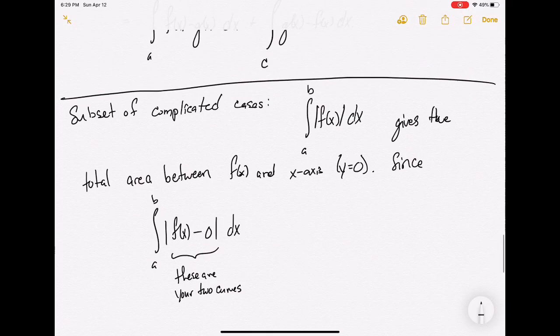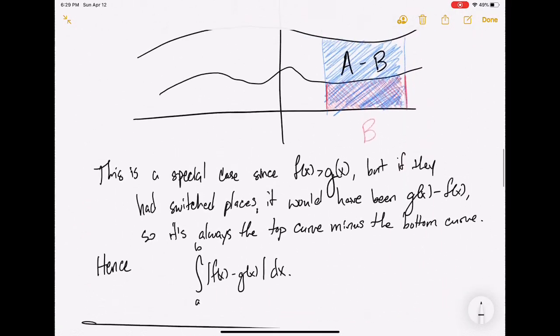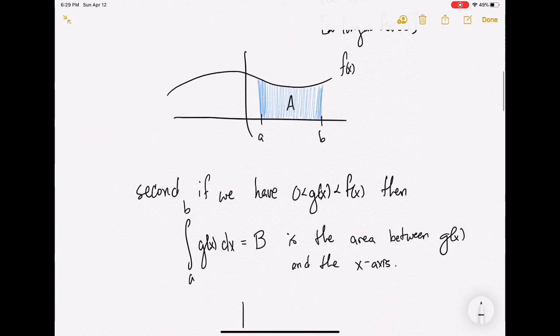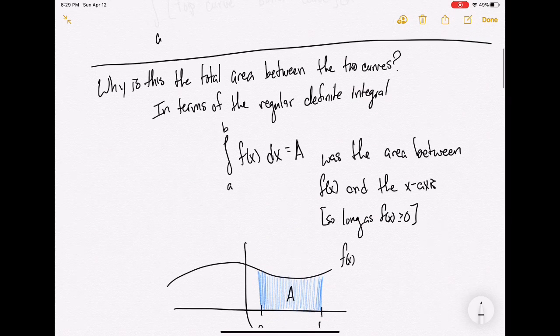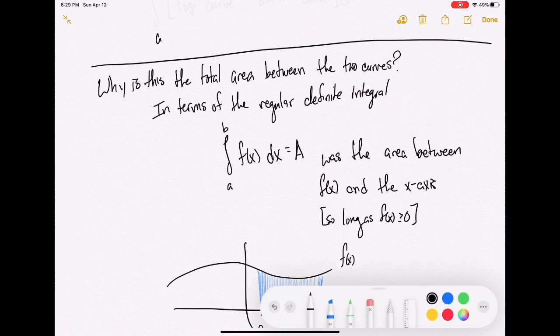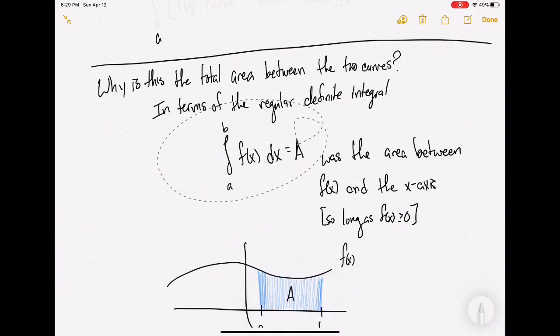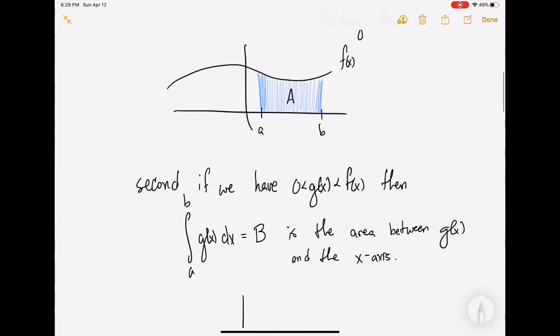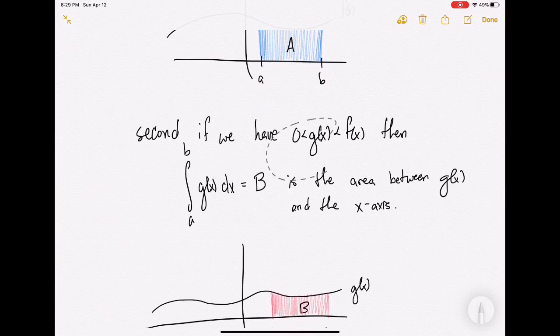So what I said earlier was that the definite integral from a to b of f of x equals a, right? But I said here, so long as f of x is positive. That's important because if I took the absolute value of something positive, it stays positive. So there's really an absolute value going on here too. And the same thing here, I made g positive, so that's what I needed here.